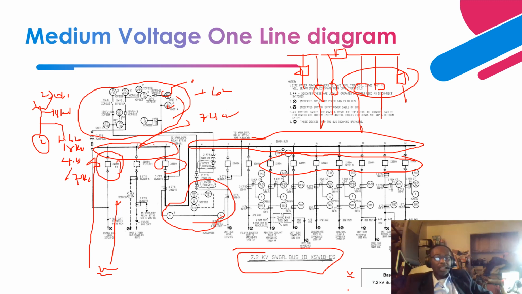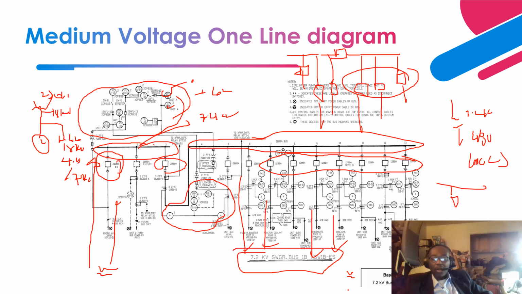Okay, so these are the feeds that provide power to all the large motors and transformer feeds to step the voltage down from 7.2 kV to, let's say, 480 volts level, right, to achieve a motor control center, where you also have breakers that you can use to provide power to motor operated valves and air operated valves, right?